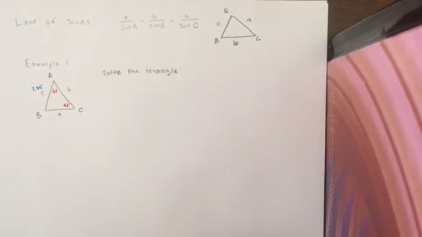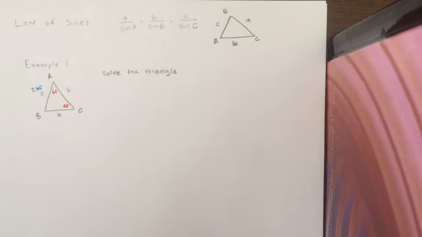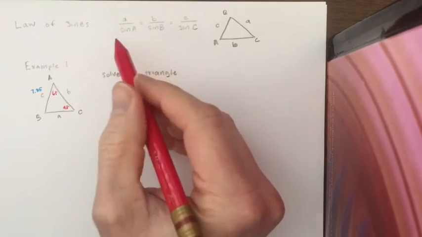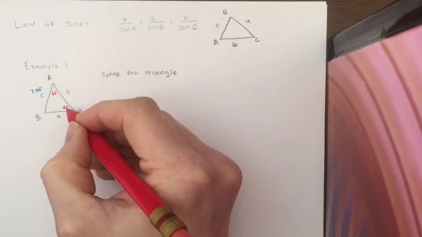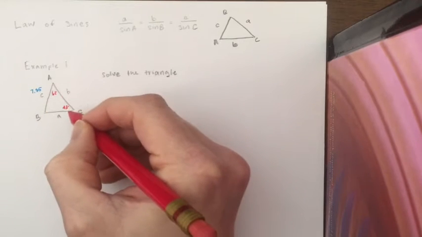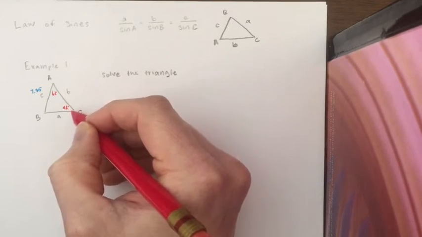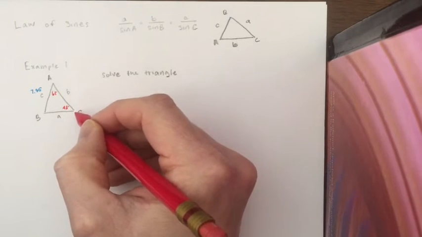If we apply the Law of Sines here, the way it works is the side that's opposite the angle over the sine of the angle, and then we set up a proportion and cross multiply to find a missing part.